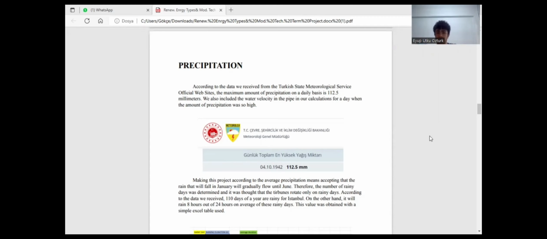Accepting that the rain falling in January will progressively flow until June, in order to design this project for average precipitation, the quantity of wet days was calculated, and it was hypothesized that the turbines rotated exclusively on rainy days. The information we were given indicates that Istanbul experienced rain on 103 days per year.